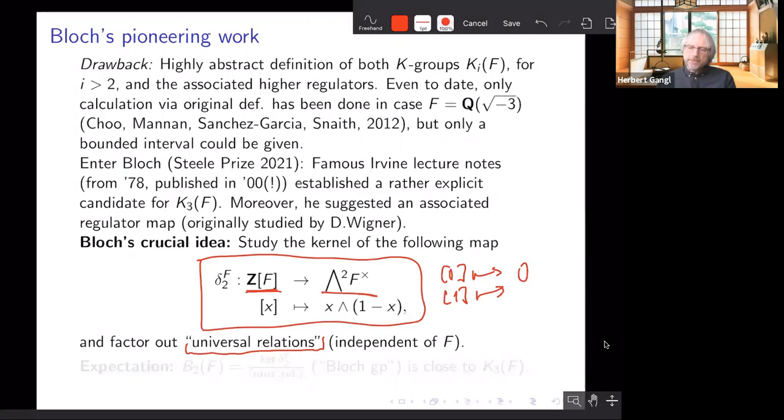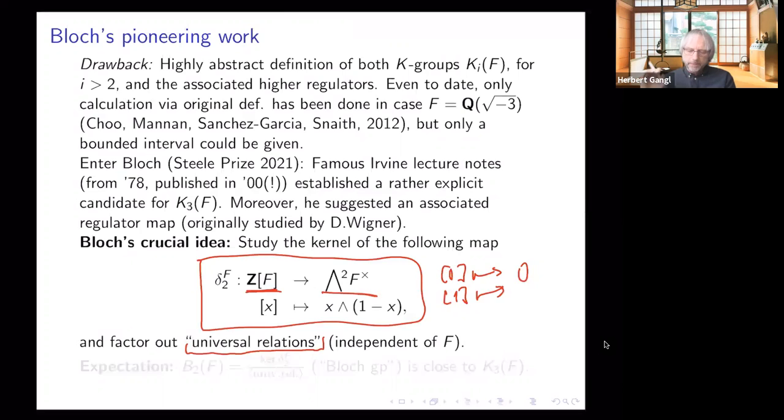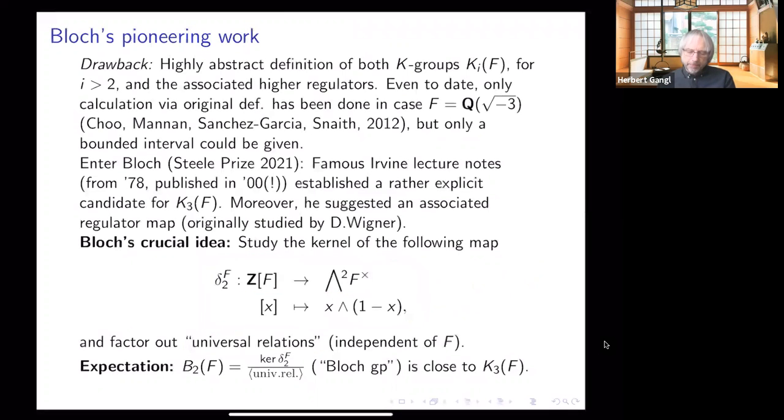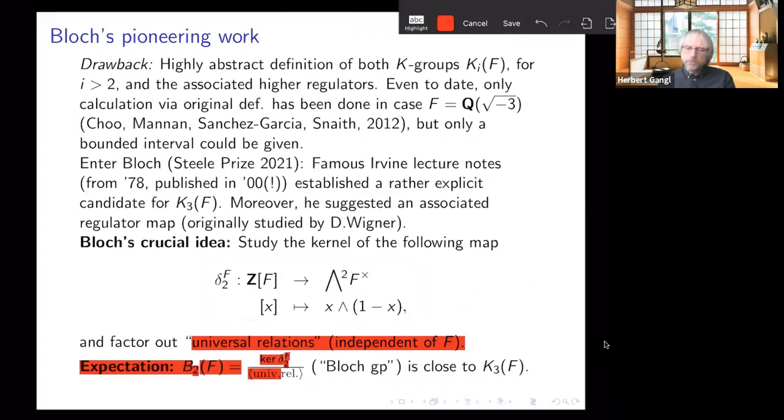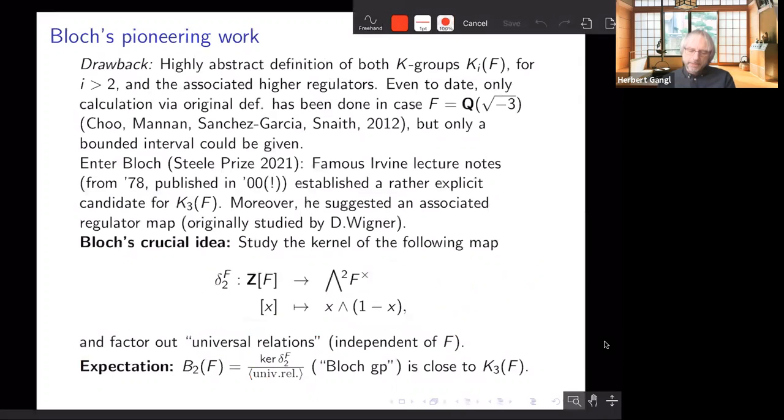And the expectation now was that taking the kernel of this map and dividing by the group generated by those universal relations, let's call it B2 of F. Later on, it took the name Bloch group. So Bloch already expected that this is in close relationship to K3 of F.